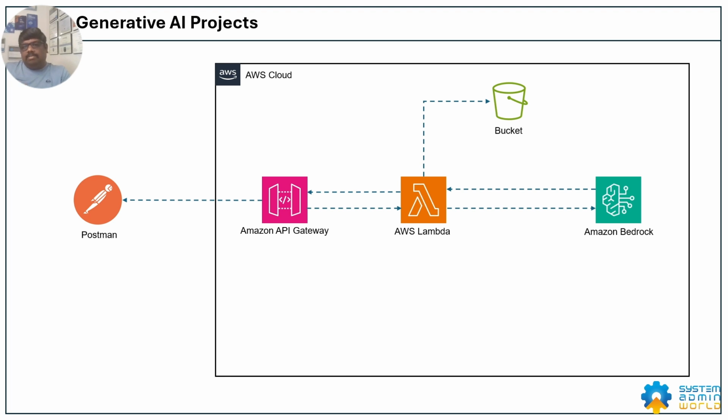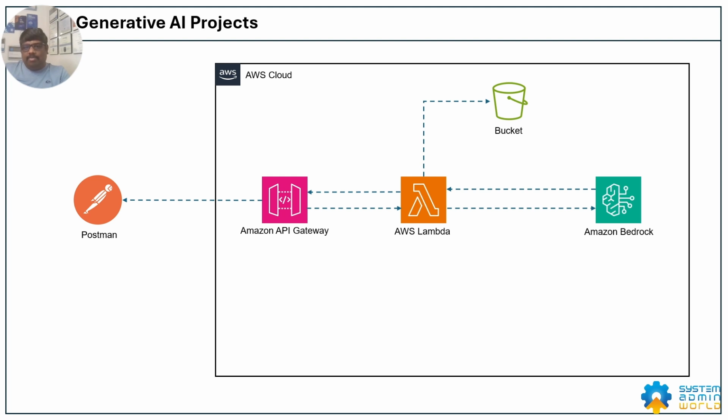There is also a small S3 bucket you can see in the design, which will be used to store the generated output from Bedrock, just as an additional functionality. Whatever output the Bedrock model generates will be saved in the S3 bucket for validation, and API Gateway will deliver that output to the end user.